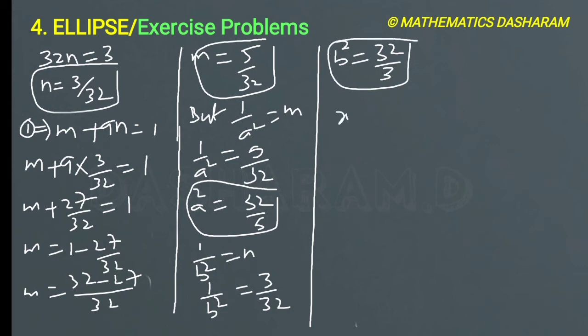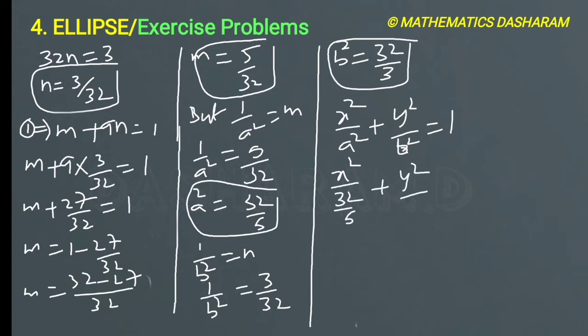So let us use the standard form of an ellipse, that is x square by a square plus y square by b square equals to 1. So x square by a square value 32 by 5 plus y square by b square value 32 by 3 equals to 1.